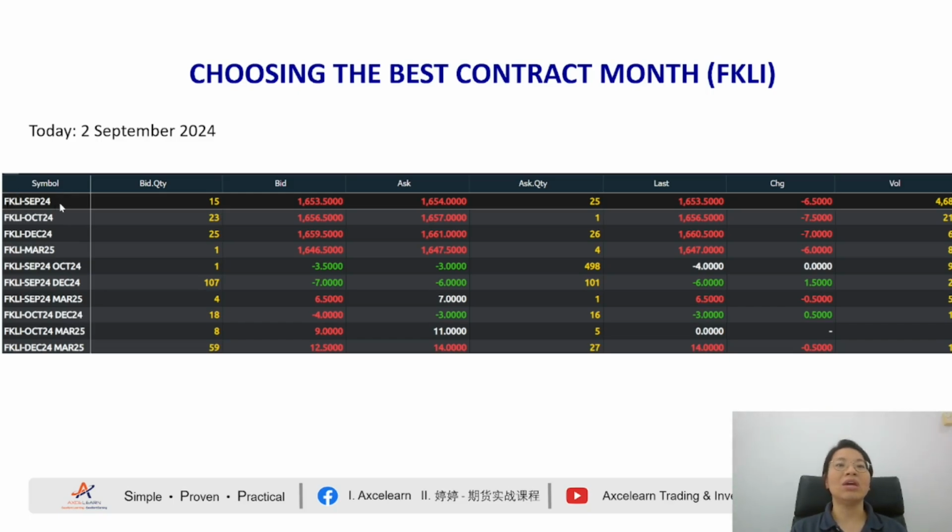So at the end of the day, choosing the best contract month relies on the 2 key factors I just mentioned to you. One is the liquidity, another one is your rollover cost. So if you have no idea about the rollover cost, then you just choose the highest liquidity, which is the highest volume traded. You trade that particular month, you will not be too wrong.